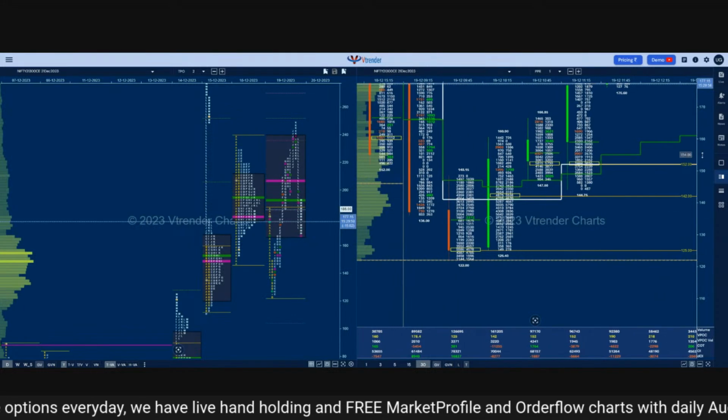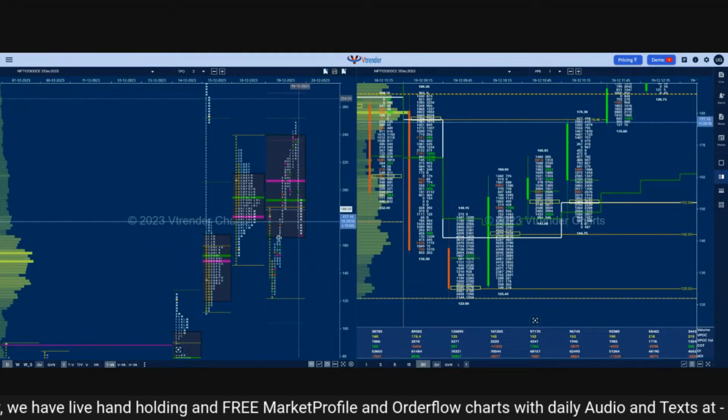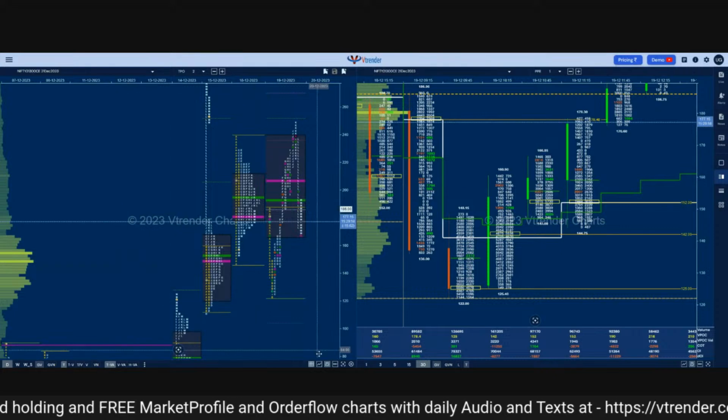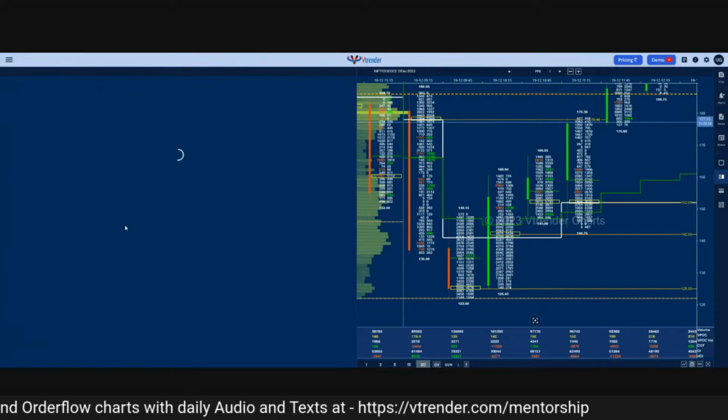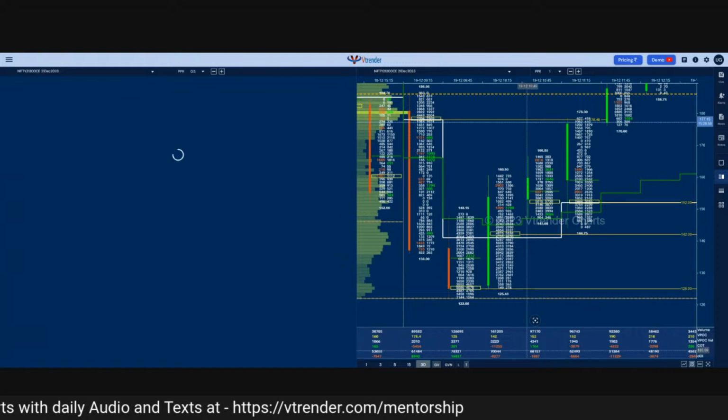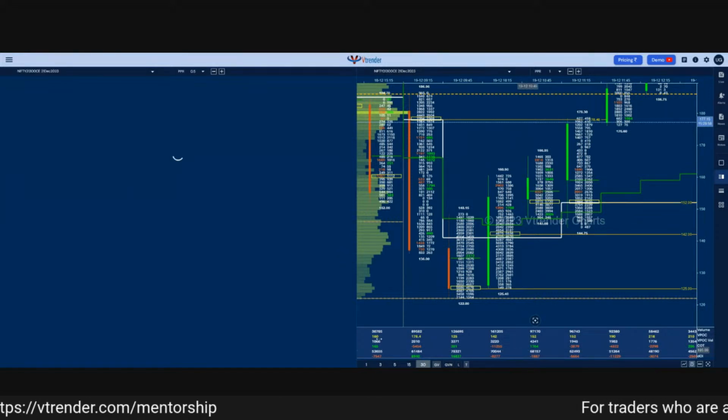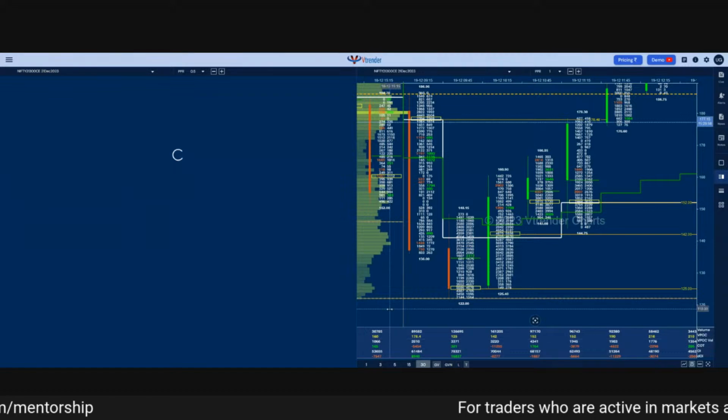And we also traded this. So what I'll do is take out this market profile chart and have the 30-minute order flow chart on the left and the 3-minute order flow chart on the right, so that I can show you how we can take trades based on these two combinations.